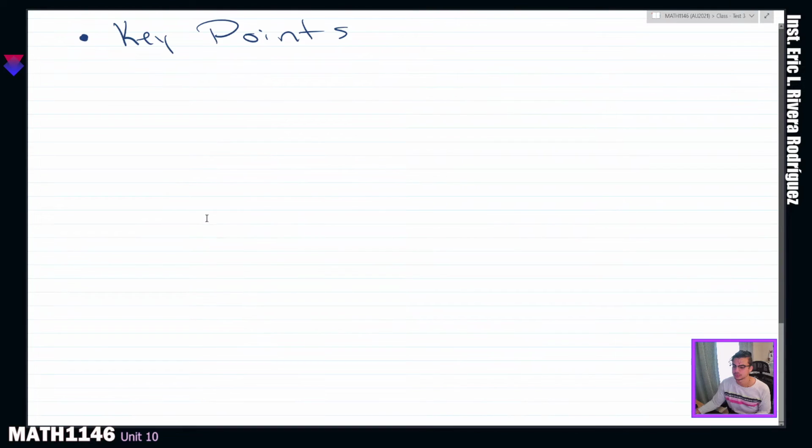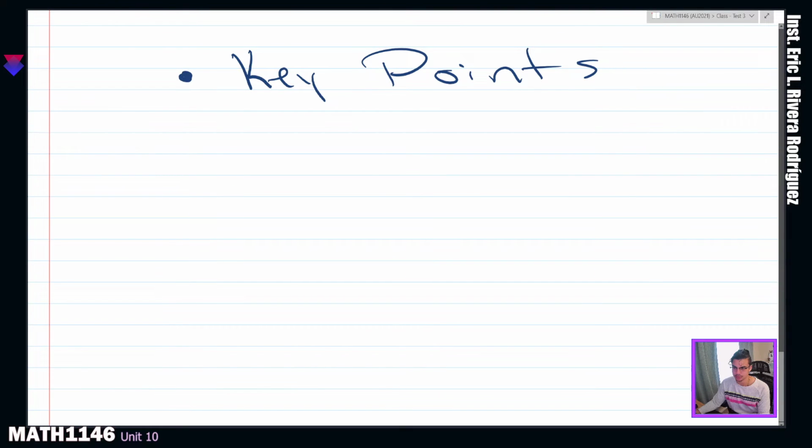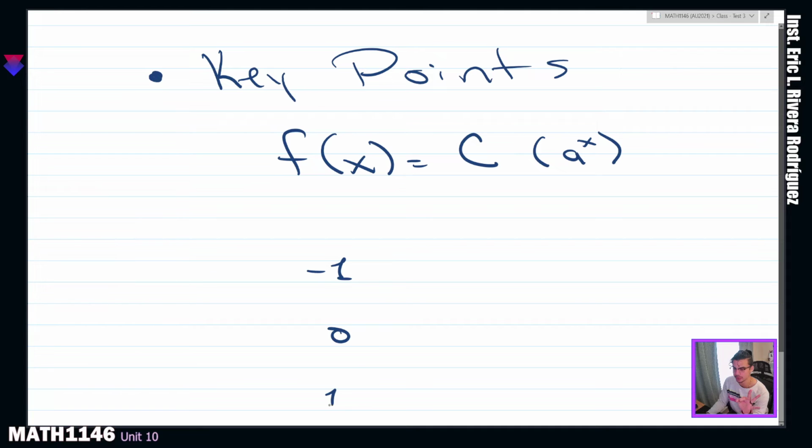The key points are very easy here with the parent function. So that's the parent function. You want 3 key points, and you want to use -1, 0, and +1.